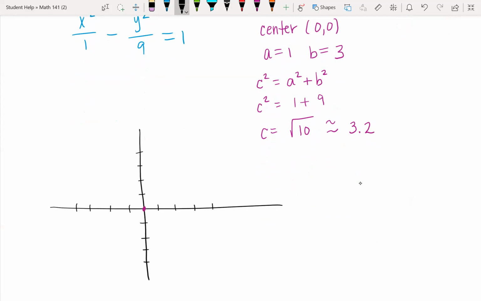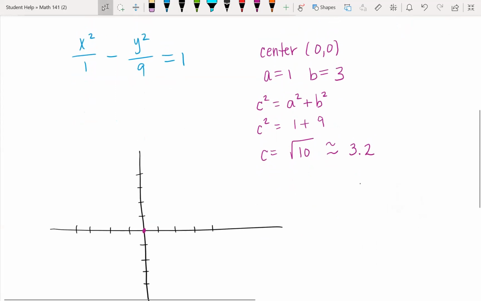We said that the graph is going to open in the direction of x, and we're going to go out 1 unit from the origin to find the 2 vertices. So one will be here, one will be here. So our vertices are going to be at 1, 0 and -1, 0.